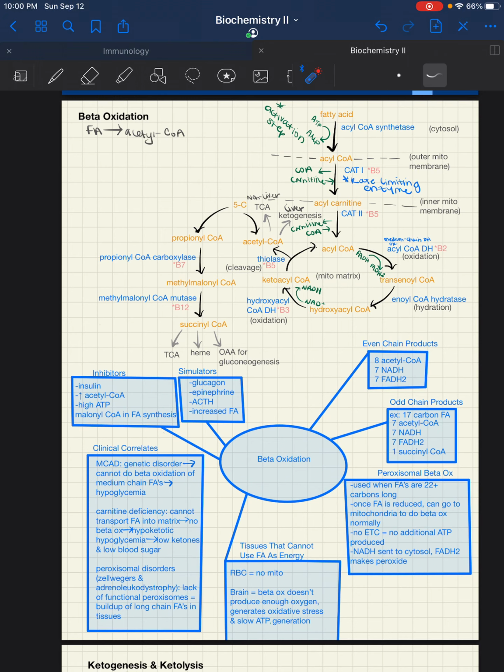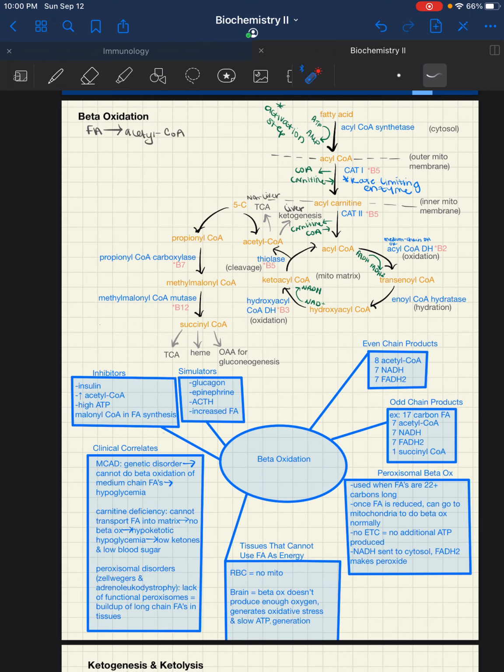So if we can't break down fatty acids, then we'll have a buildup of fatty acids, specifically medium chain fatty acids. And if we have a buildup of fatty acids, we'll have low blood glucose levels because we ran out of glucose and now we're using our fatty acids.